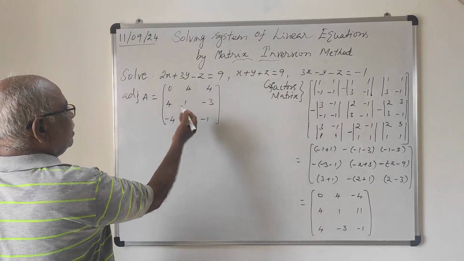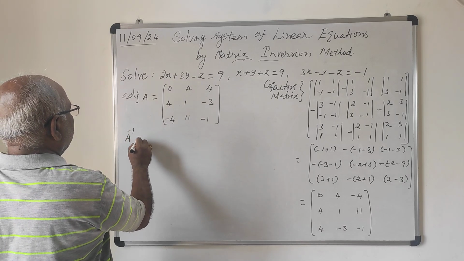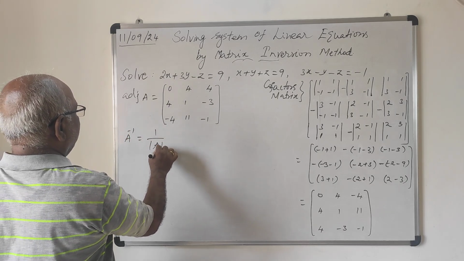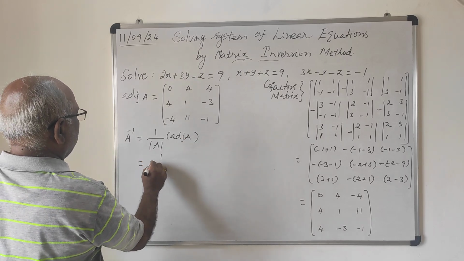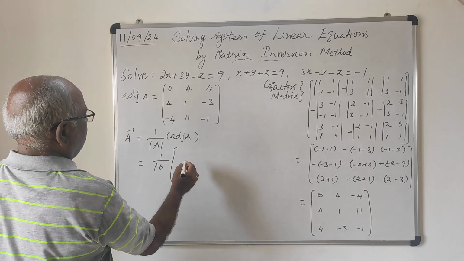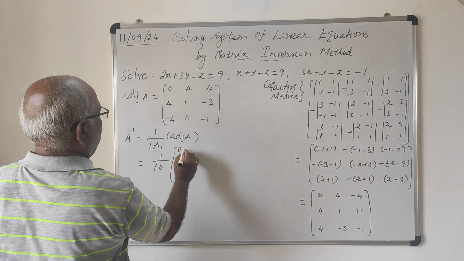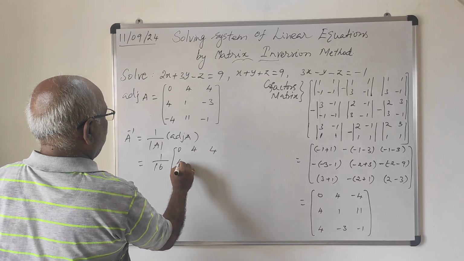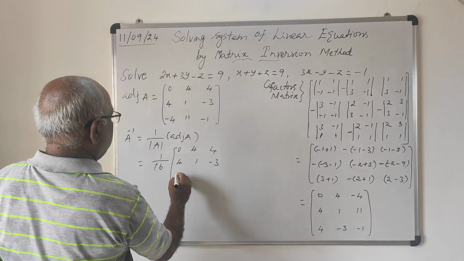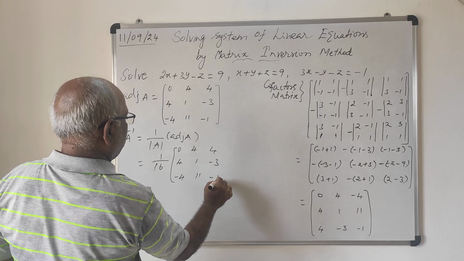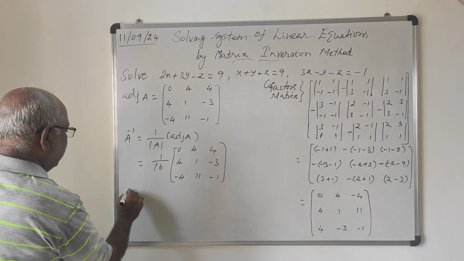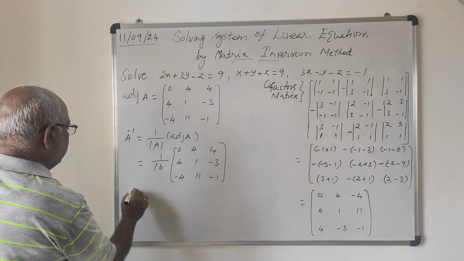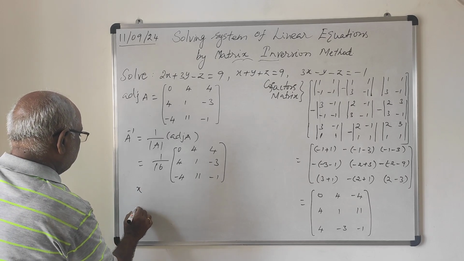Now, A inverse equals 1 by mod A into adj. This is your formula. Mod A is 16. Adj is this: 0, 4, 4, 4, 1, minus 3, minus 4, 11, minus 1. This is A inverse. So our formula, what is x? X, y, z.